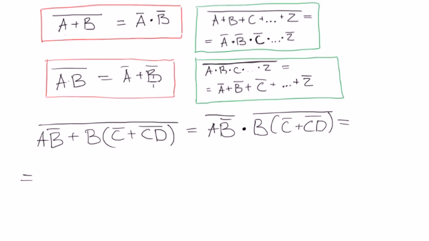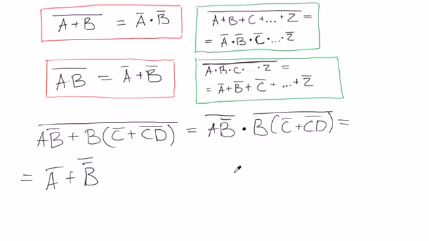So this term will be A negated, as in this formula, plus B negated and negated again. So this negation is the one right here, and the negation above it, this one, is the negation that we got from DeMorgan's theorem.